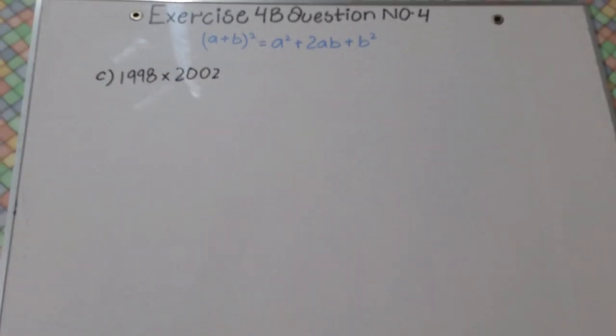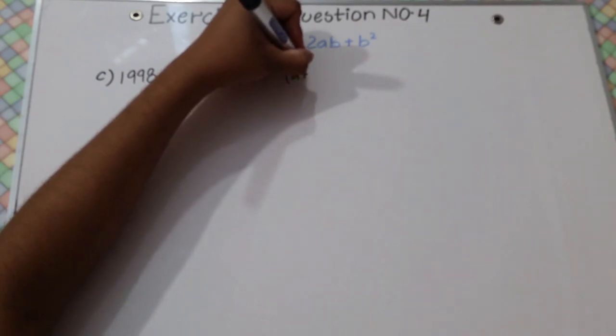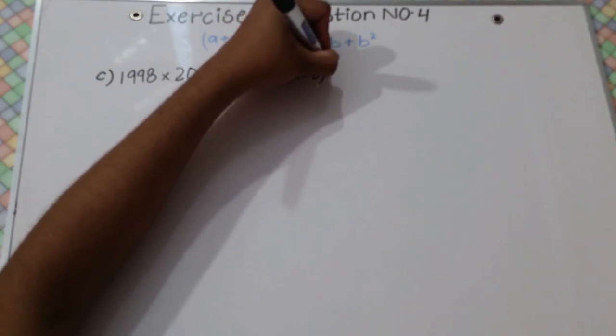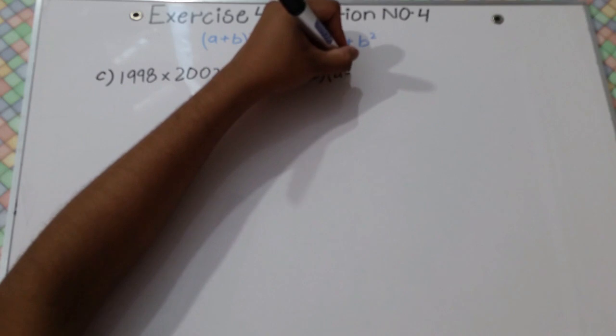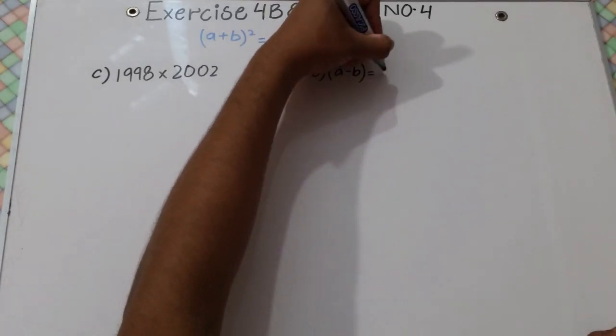The identity which I'm going to use, and you all know also, is a plus b and a minus b equals a square minus b square.